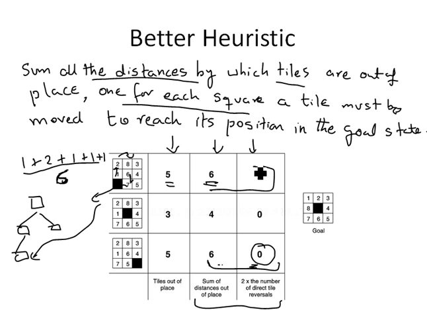Okay, so that would be 6 in this case. If this is level 0, 1, and level 2, then the f of this tile, let's say the tile name is w, f of w would be g(w), which is 2 in our case, plus h(w), in this case 6, so it is going to give us the value 8.